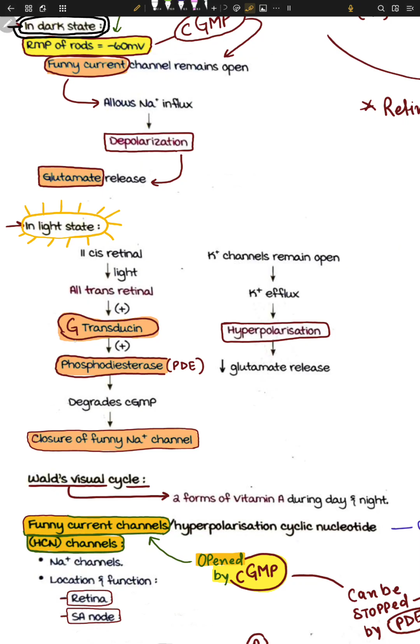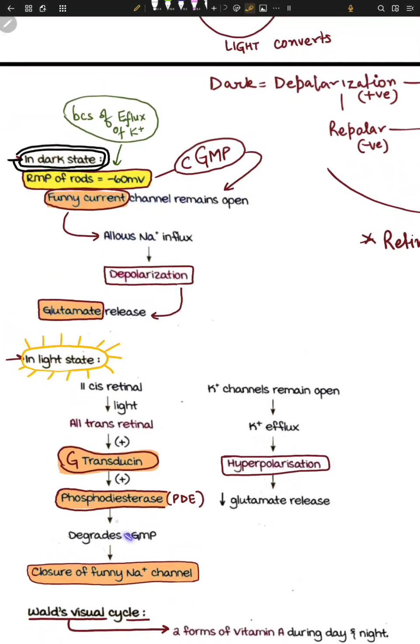I like to call it G transducin because it's a subunit present inside the cell. So what it does is that G transducin activates phosphodiesterase, which is called PDE for short, and then this PDE degrades, which means deactivates, cyclic GMP, the second messenger.